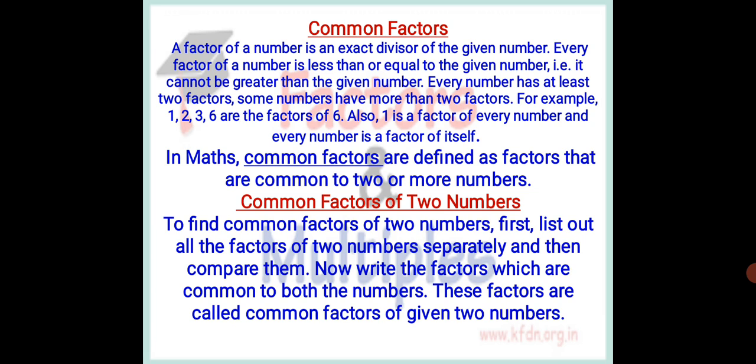That is, it cannot be greater than the given number. And along with this, we can say every number has at least two factors. Some numbers have more than two factors. For example, 1, 2, 3, 6 are the factors of 6.